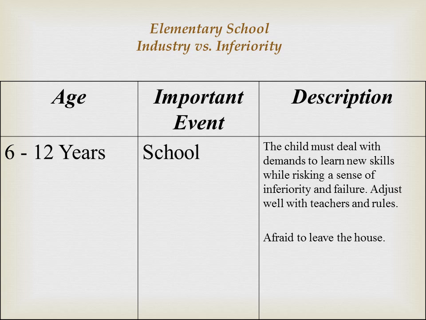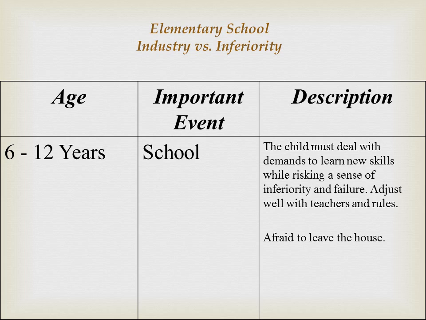Industry versus inferiority. This is the childhood stage from 6 to 12. A very important thing occurring at this point in time is school. The children must deal with the demands to learn new skills while risking a sense of inferiority and failure. You're beginning to adjust to your peers. You're beginning to take on competition.